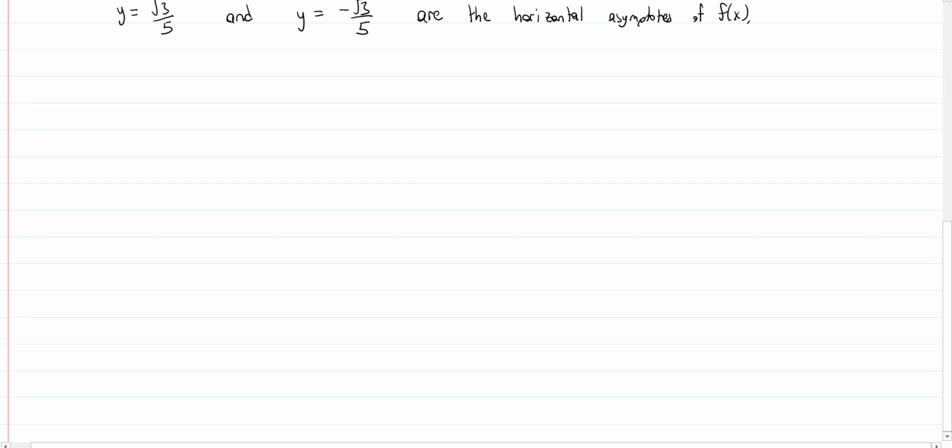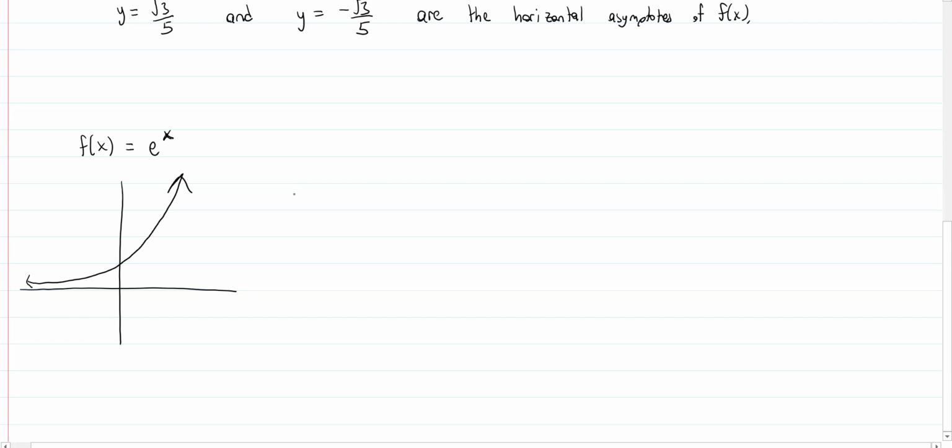Okay, so now I just want to take a look at some of the other important functions that we work with. Let's start with the function f of x equals e to the x, the exponential function. So the graph of e to the x looks something like this.